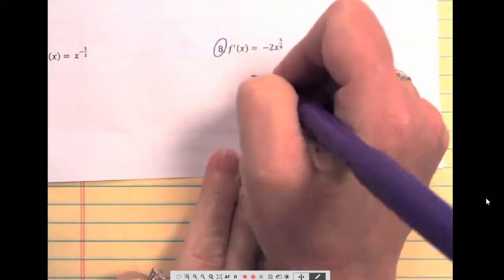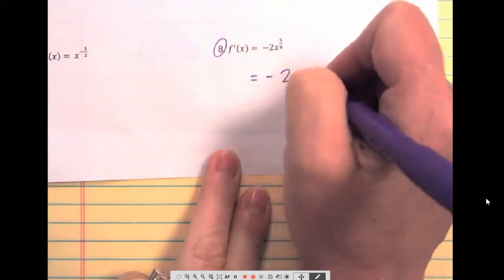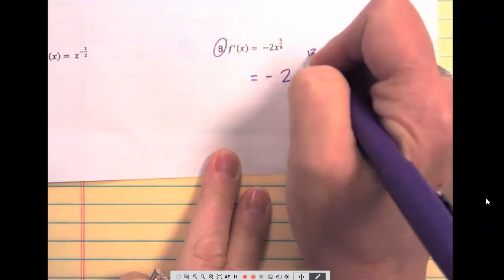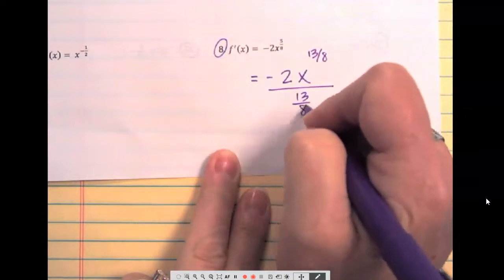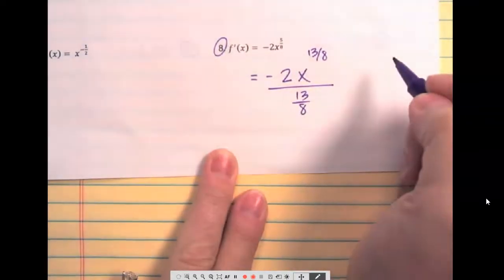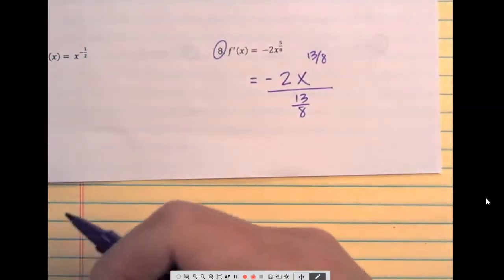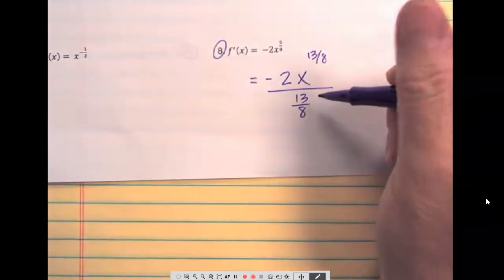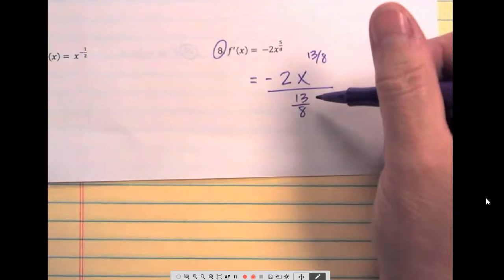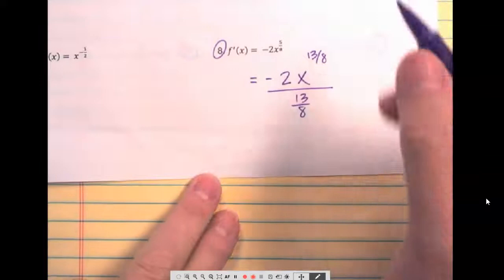Okay, so I have a coefficient of -2. I'm going to have x to the 13/8, but then I'm going to divide by 13/8. Just your average little algebra number problem, right? Crazy numbers there. But dividing by 13/8 is the same as multiplying by the reciprocal, 8/13.